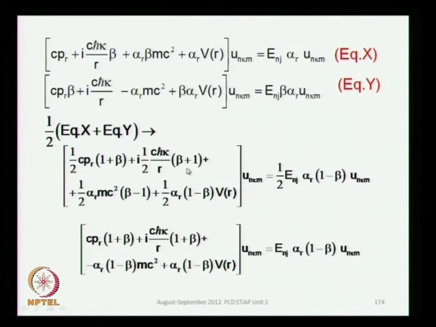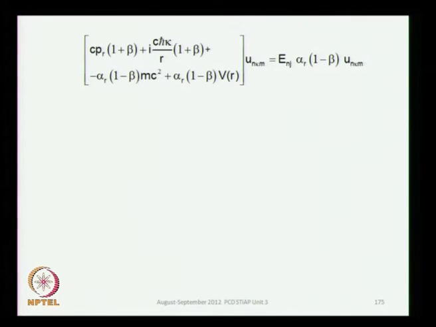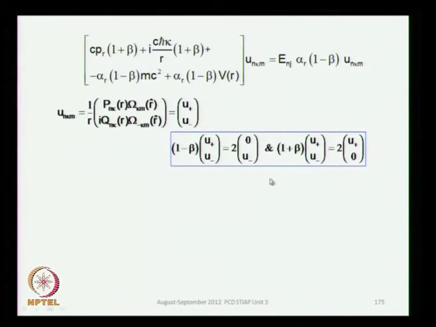Now I have gotten rid of the 2 and the 1/2 factor, the half factor goes everywhere, and we have these results: 1 minus beta pre-multiplying the wave function will give you twice 0, u minus, and this 1 plus beta will give you twice u plus, 0, where plus and minus are these components of the 4 component wave function. So, these are two component functions. Each has got 2 components.